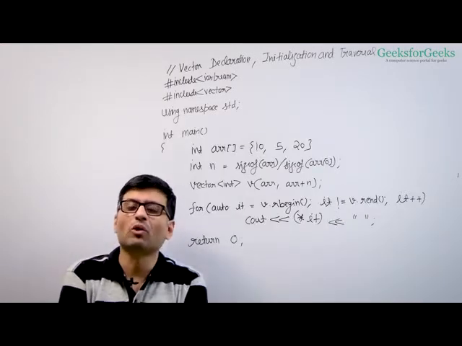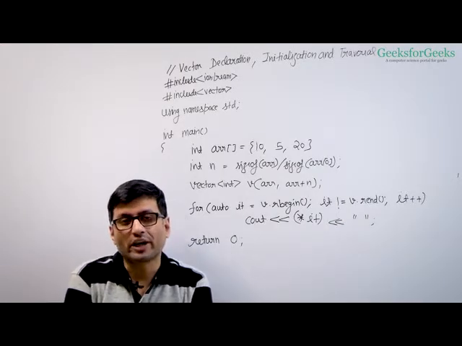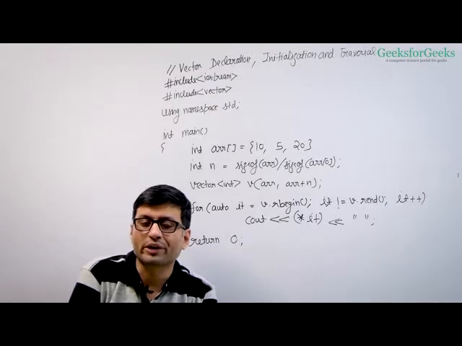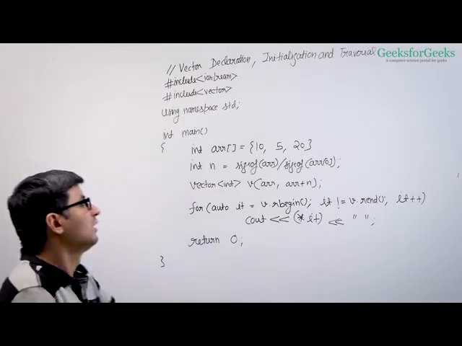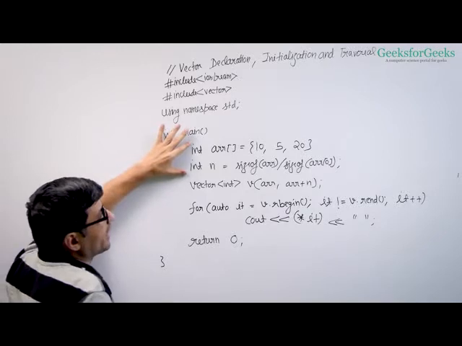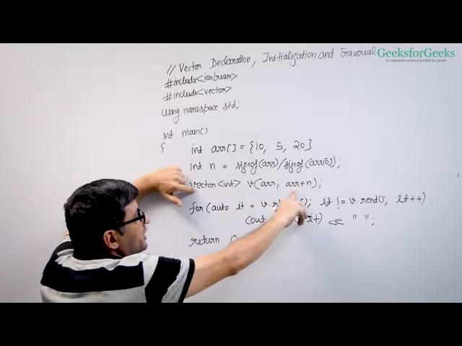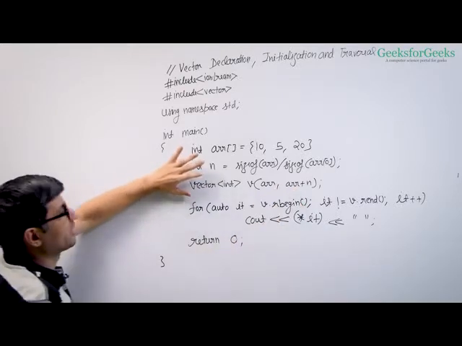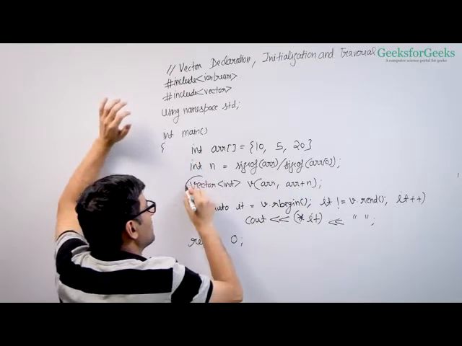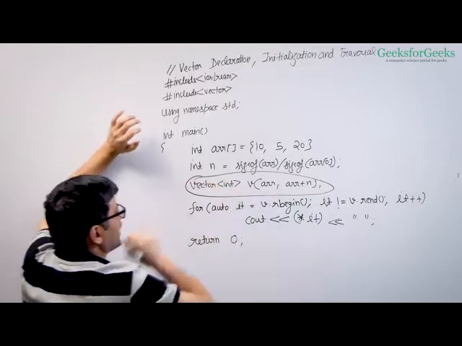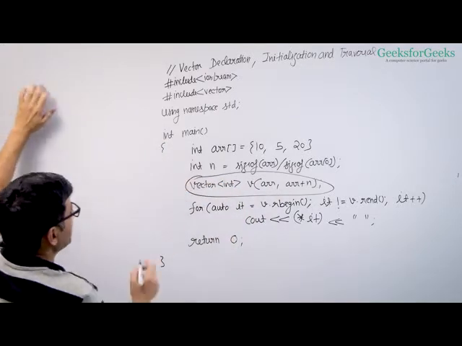Here is one more way to initialize a vector and one more way to traverse the vector. We have created an array and here we initialize the vector using the array. Please note that most of the containers in C++ STL can be initialized this way, this particular line.